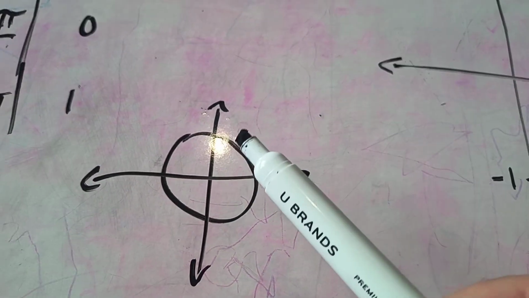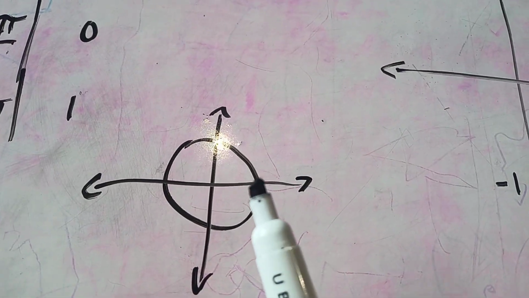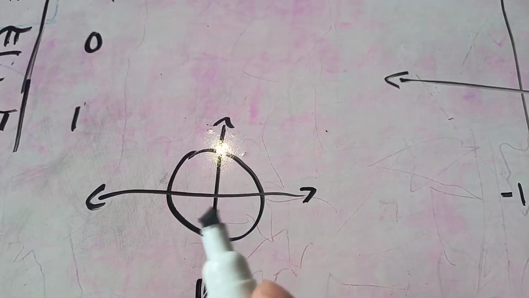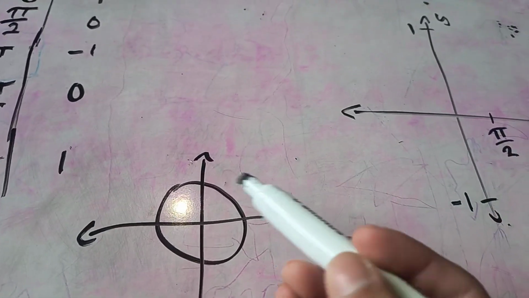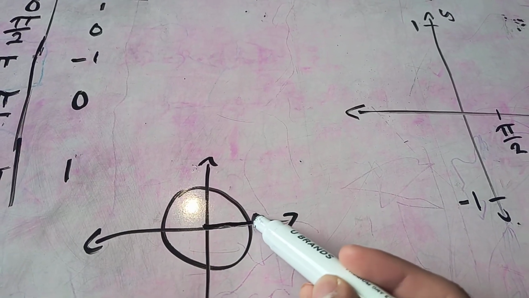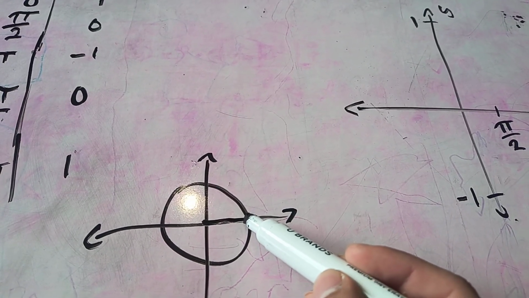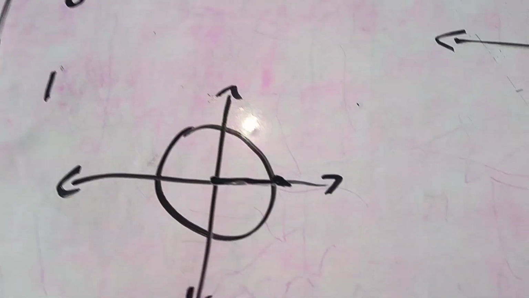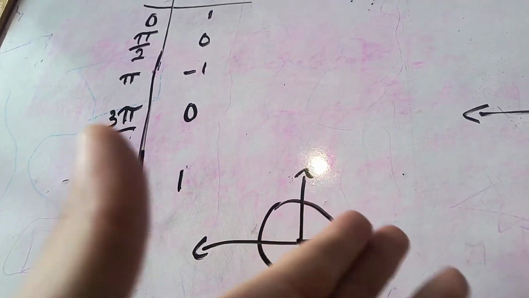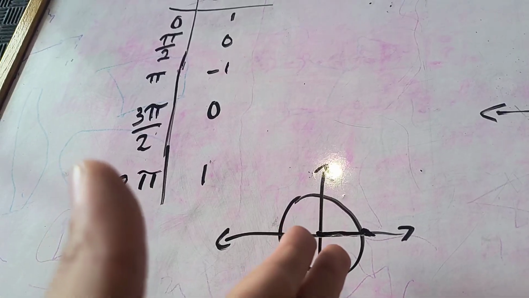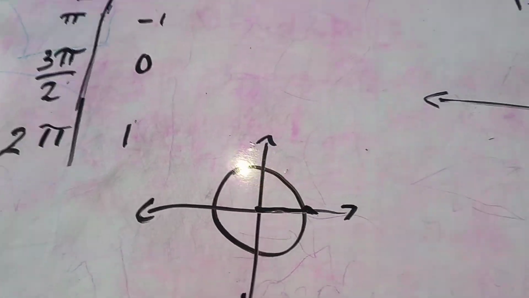And cosine, we know that cosine is equal to the x point where the angle intersects with the circle. So if we have an angle of 0, the angle just goes out and it intersects with this point right here, which, since the farthest it can be is 1 because the unit circle radius is 1, cosine is equal to 1 at 0.